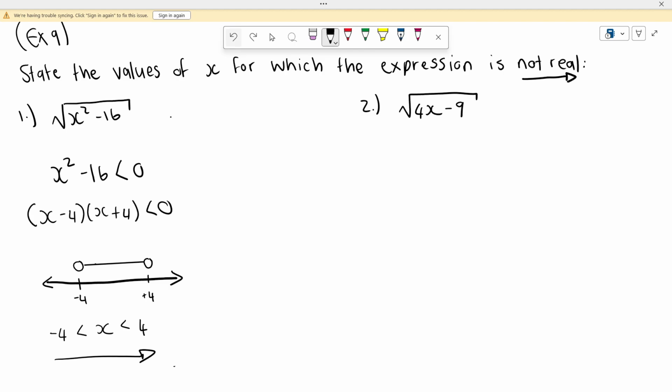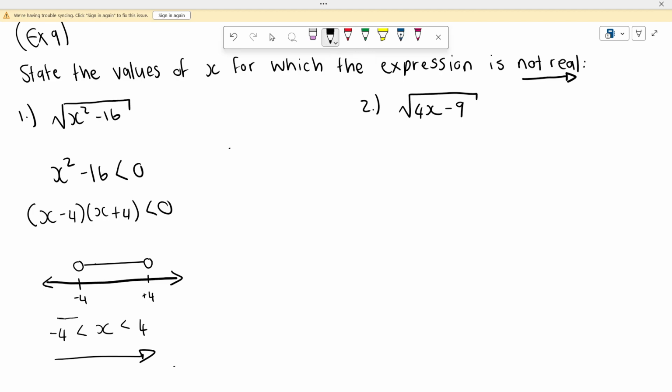Negative 7 is under a square root. That is not real. You can just use your logic, guys. If you use, let's say 2, that's 2 squared, which is 4, minus 16. It's going to give you negative 12 under a square root. Not real. So for anything between negative 4 and 4, you'll have a non-real value.